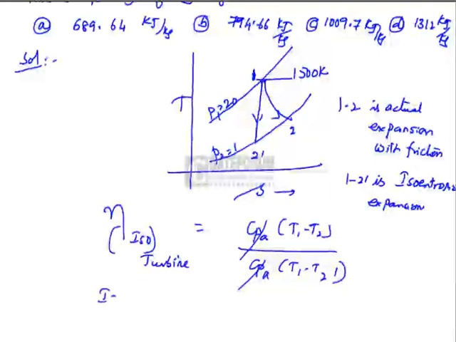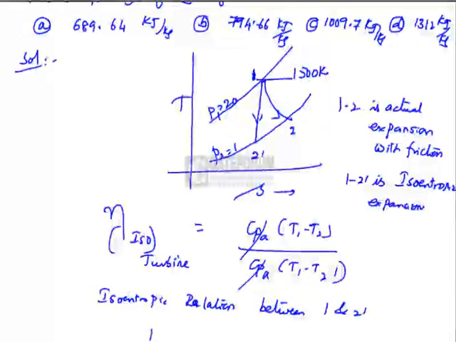I use the isentropic relation between 1 and 2 dash.